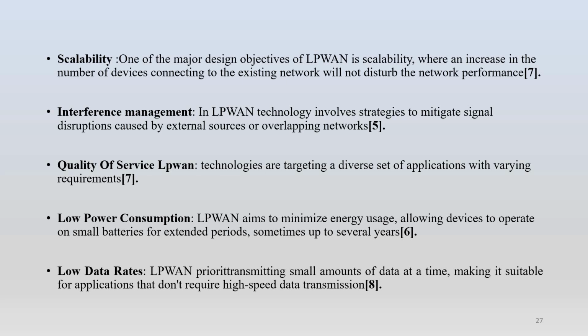Quality of service: LPWAN technologies are targeting a diverse set of applications with varying requirements. The other one is low power consumption. Thus, LPWAN aims to minimize energy usage, allowing devices to operate on small batteries for extended periods, sometimes up to several years. The other one is low data rates. LPWAN prioritizes transmitting small amounts of data at a time, making it suitable for applications that don't require high-speed data transmission.